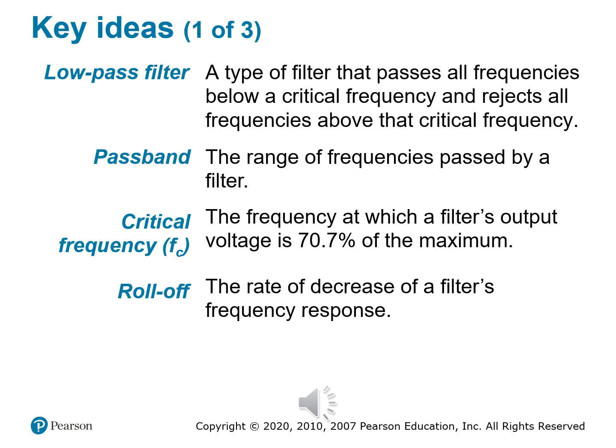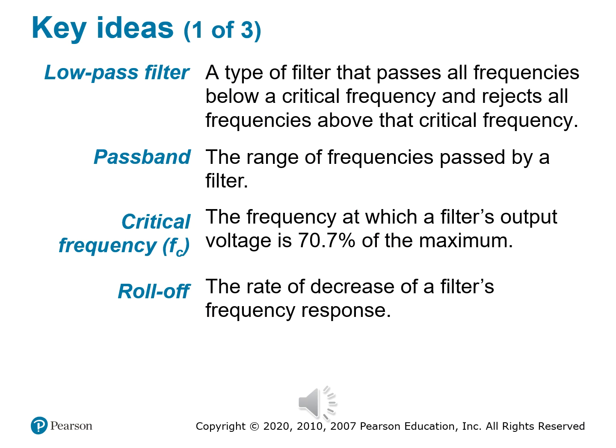All right, let's go ahead and wrap up with some key ideas. This is slide 1 of 3. The key terms that we've discussed in this lecture are the low pass filter, a type of filter that passes all frequencies below a critical frequency and rejects all frequencies above that critical frequency.